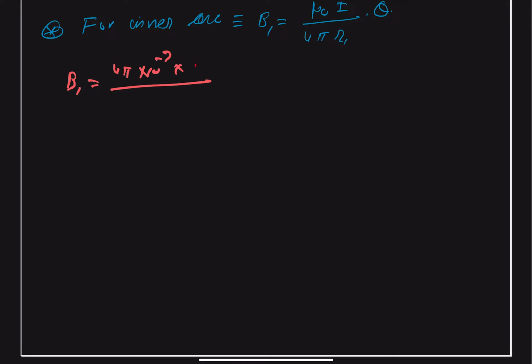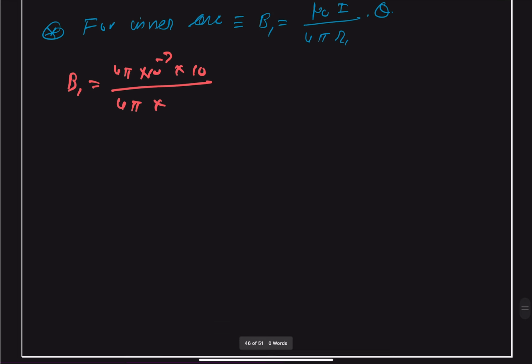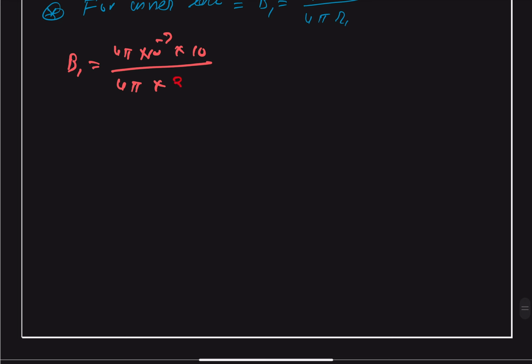Current is given as 10 ampere, and this is our 4 pi, and the inner radius is our 3 centimeter. So this comes as 3 into 10 to the power minus 2 multiplied by pi by 4. So this gives us magnetic field is equal to pi by 12 into 10 to the power minus 4.